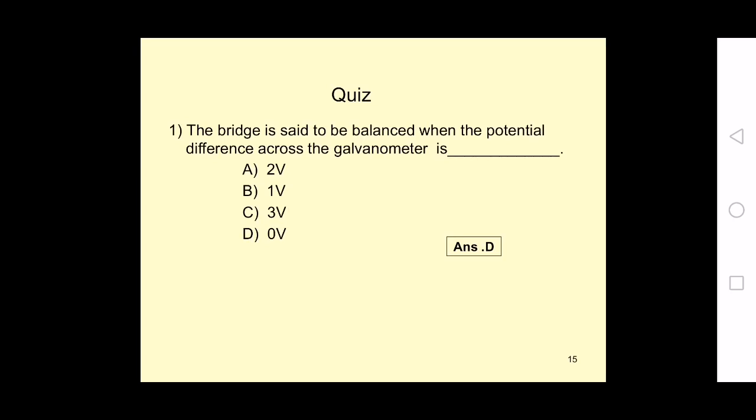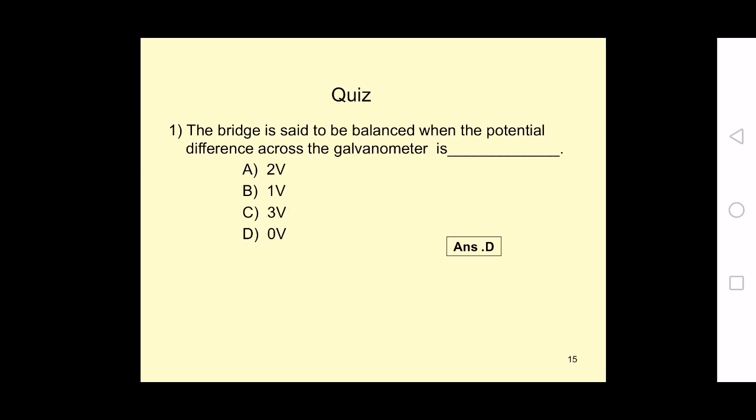Then we have the equation I1 R1 equal to I2 R2, and also I1 equal to I3, which is equal to E by R1 plus R3. Similarly I2 equal to I4, which is equal to E by R2 plus R4.